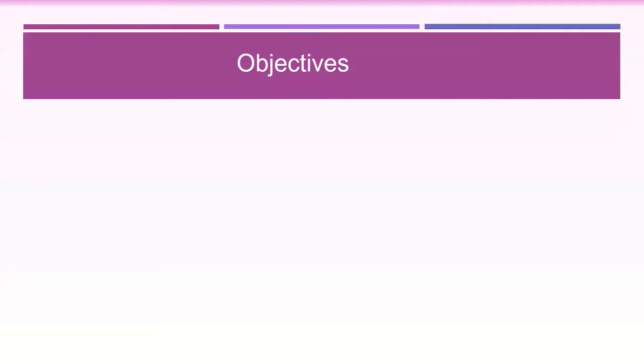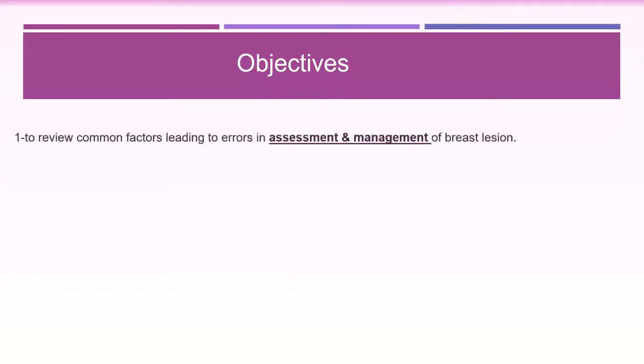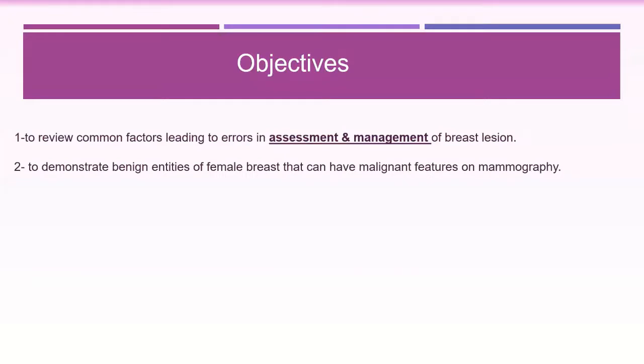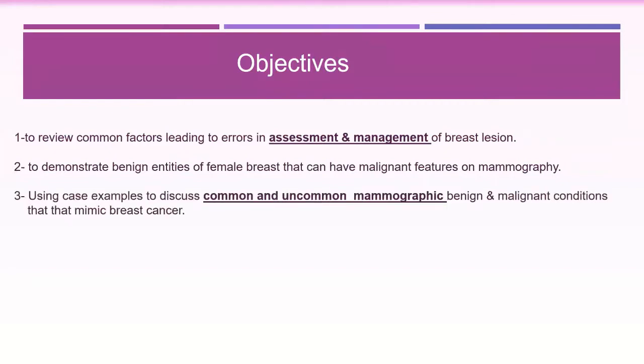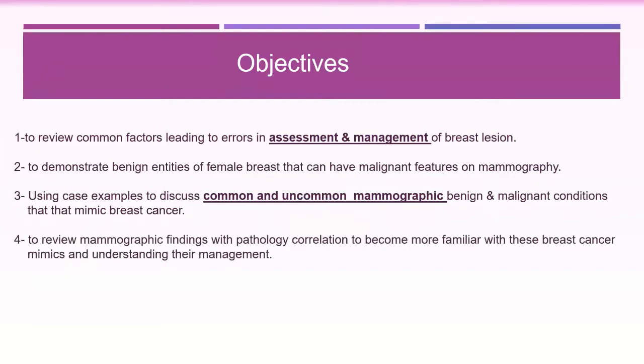Our objective for these sessions is to review common factors leading to error in assessment and management of breast lesions, to demonstrate benign entities of the female breast that can have malignant features on mammography, using case examples to discuss common and uncommon mammographic benign and malignant conditions that mimic breast cancers, and to review mammographic findings with pathology correlation to become more familiar with these breast cancer mimics and understanding their management.